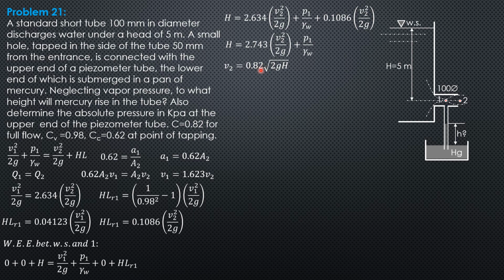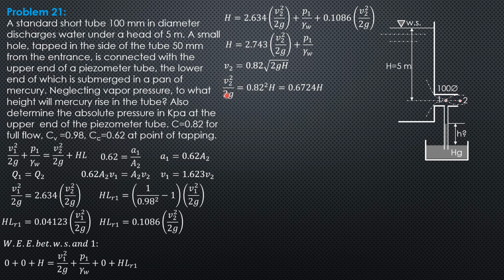So V sub 2 is C sub V times square root of 2gH. Then squaring everything and dividing by 2g, the velocity head at 2 is 0.82 squared times big H. So 0.82 squared is 0.6724 of H.